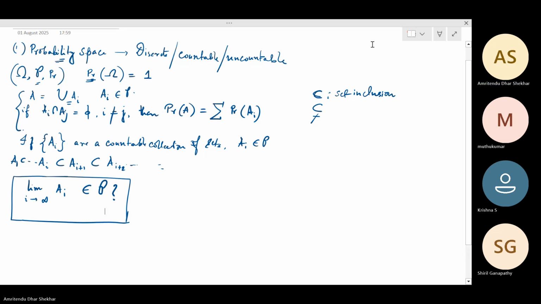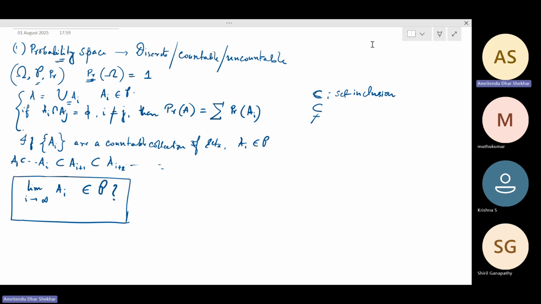This is a very, very fundamental result, because in a lot of cases we work with discrete probability spaces. This happens in a lot of places in computer science, especially when you're dealing with discrete algorithms, where the probability spaces are discrete.